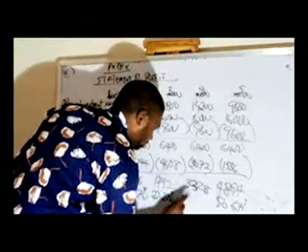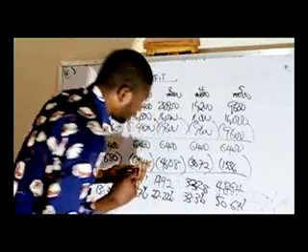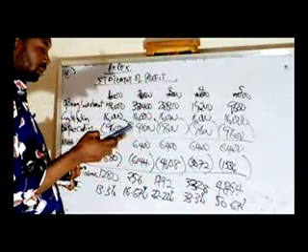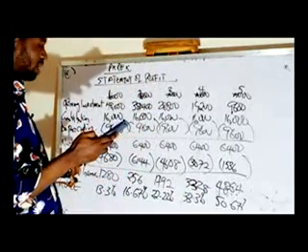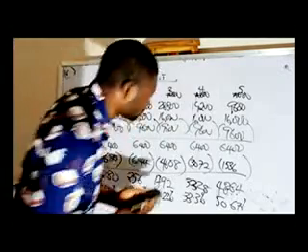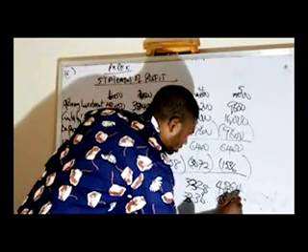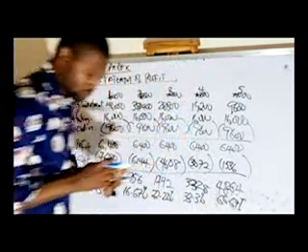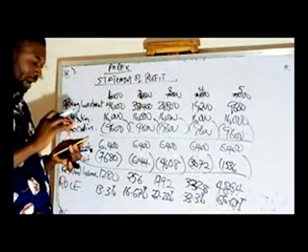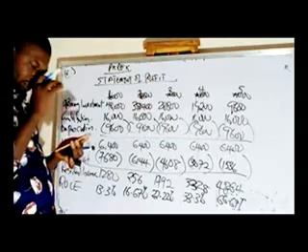Then this one is supposed to be 64 divided by 96, which is 66.67%. So this is how to determine it. That's the A part of the question.